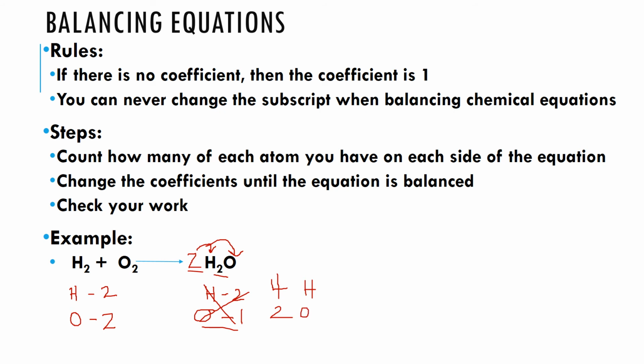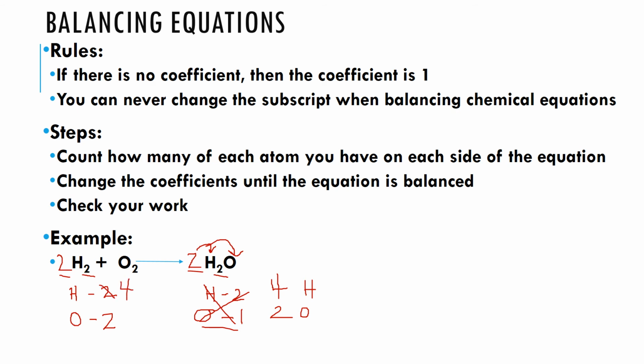So now if I look, my oxygens are balanced, but my hydrogens are not. So I go back to my reactant side, the left side, and I've got to get my hydrogens balanced. I just need 2 more of them, so I add a 2 here, and 2 times 2 is 4, so now I have 4 hydrogens.